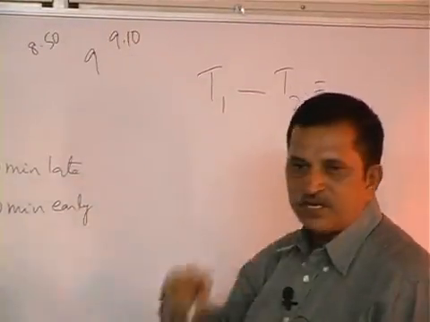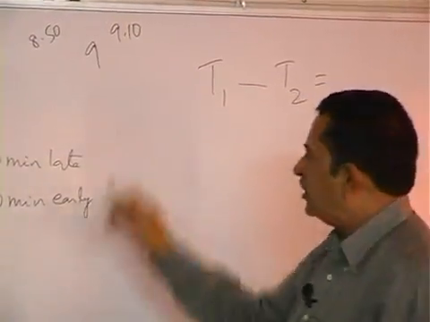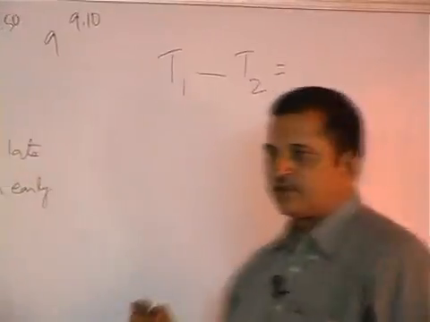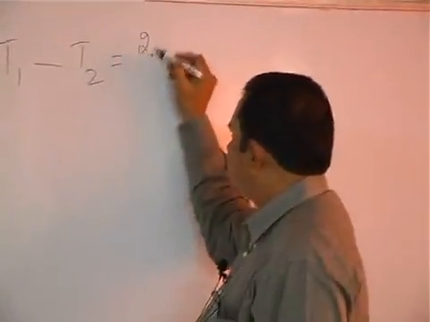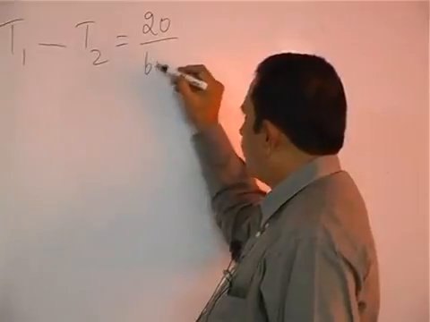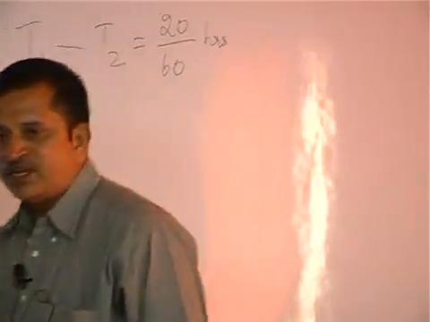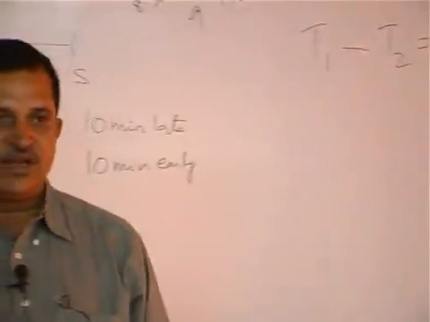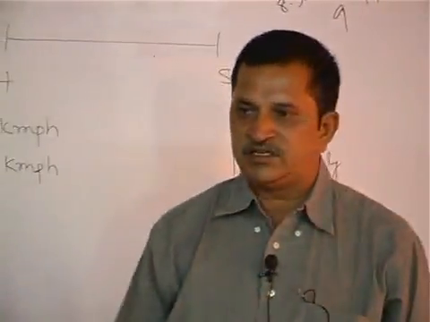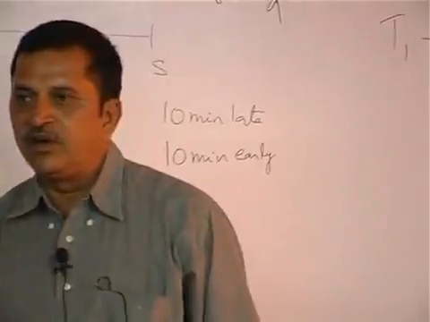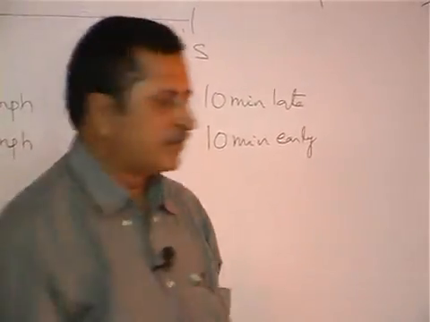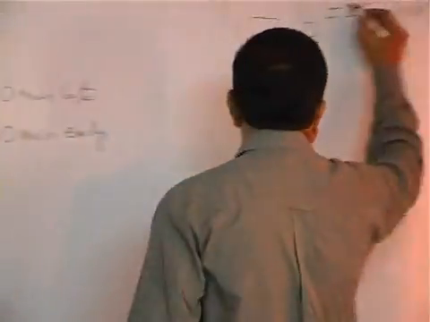Going early by 10 minutes means 8:50. The difference is 20 minutes. 20 minutes I will put it in hours, 20 by 60 hours, because we usually mention the distances of schools and colleges in kilometers. 20 by 60 hours, that is 1 by 3.